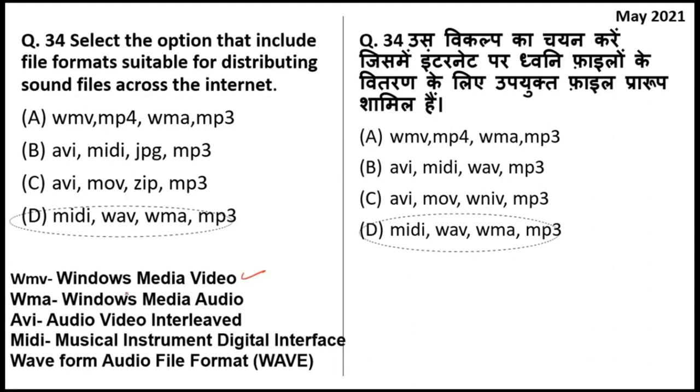It is a video file, while WMA is Windows Media Audio. It is an audio file. AVI is audio video interleaved. MIDI stands for musical instrument digital interface. WAV is a kind of audio file format. And MP3 is one of the most famous audio file formats. So the right answer is option D.